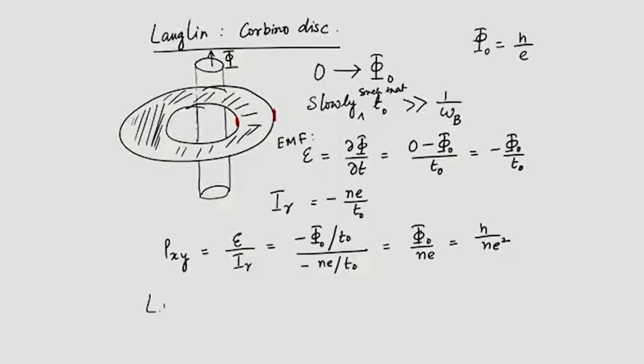So Laughlin actually viewed it as a quantum pump, which pumps electrons from the inner edge of the sample to the outer edge. And this is a nice visualization of the quantum phenomena.